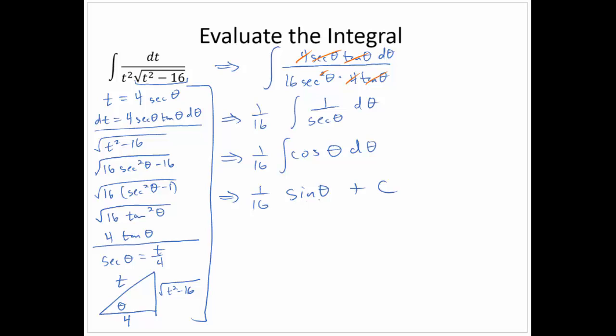So sine theta, going to our triangle, is opposite over hypotenuse. And so then this becomes 1/16 times the square root of t squared minus 16 over t plus a constant.